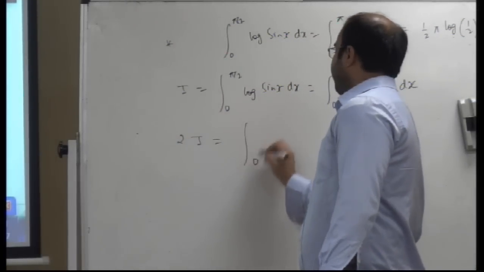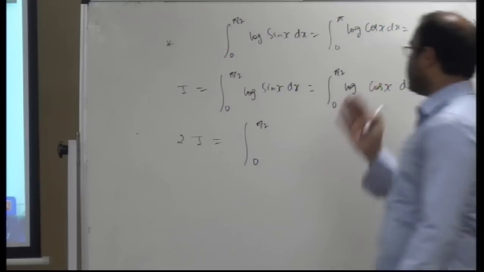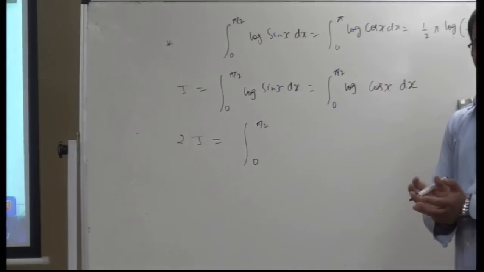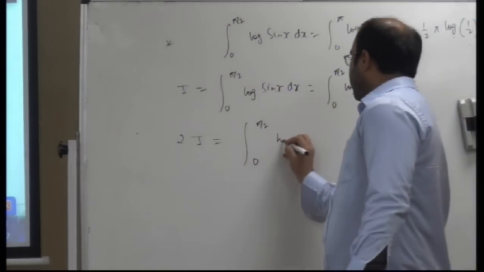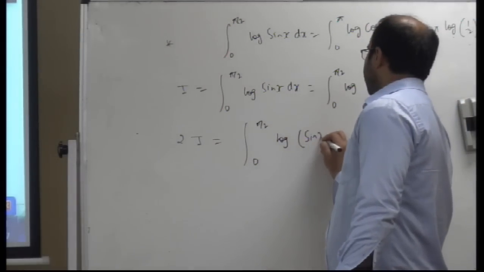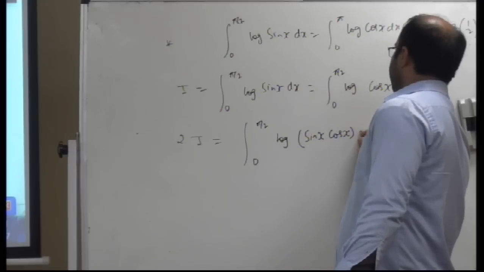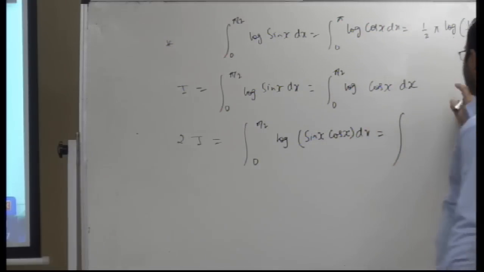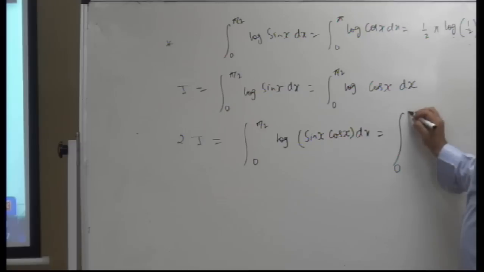2I, and when you add these two quantities, they get multiplied inside the log. So log of sin x into cos x dx, from 0 to pi by 2. Multiply by 2 and divide by 2.